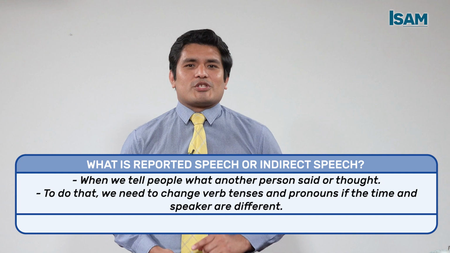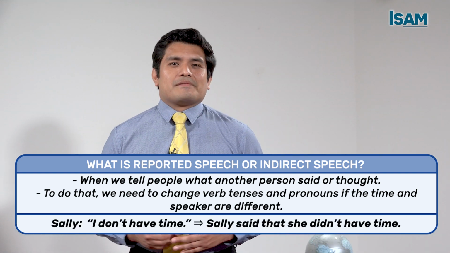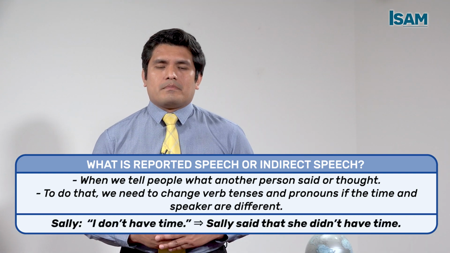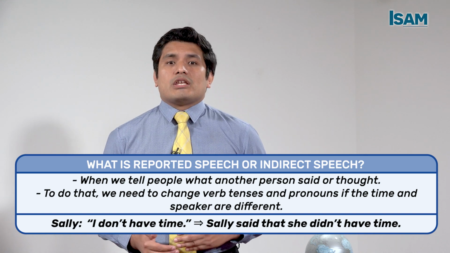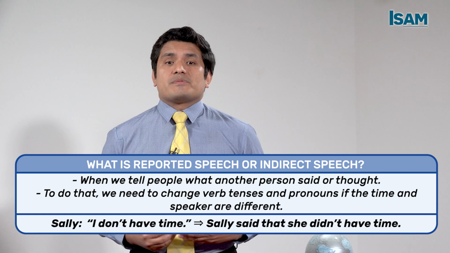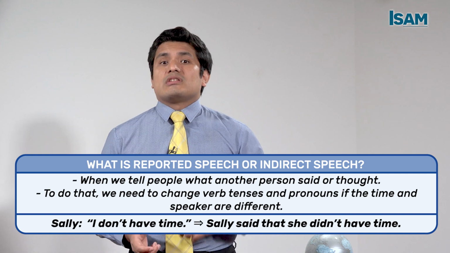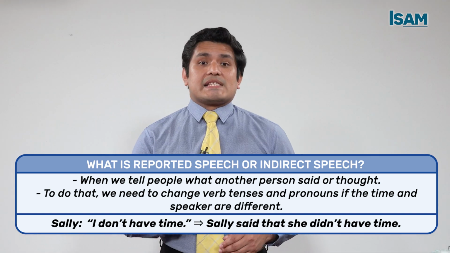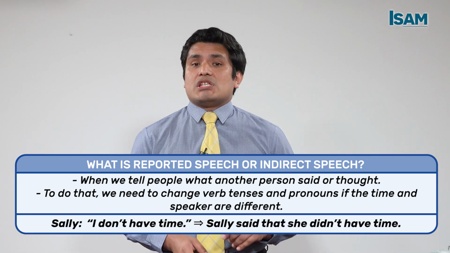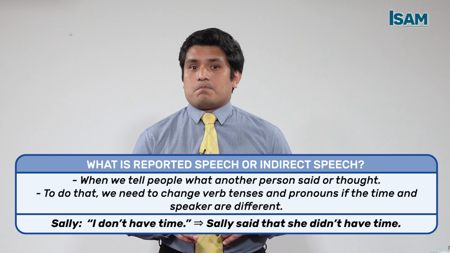Let's see many examples. Sally says, "I don't have time." This sentence is in simple present, but if we want to use reported speech, we are going to change the tense of this sentence, like this. Sally said that she didn't have time.